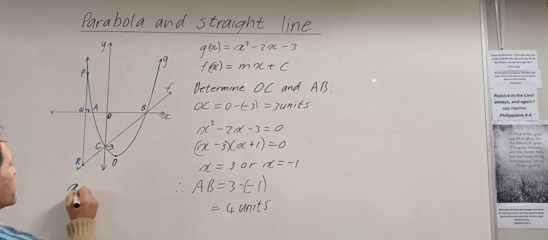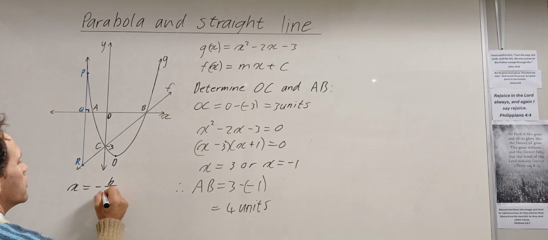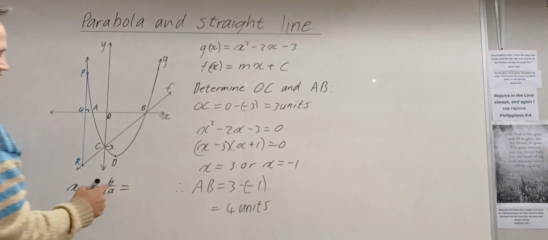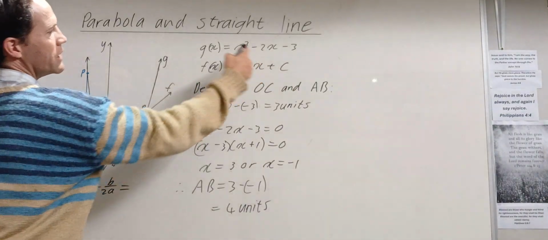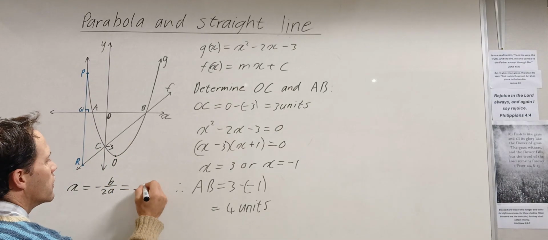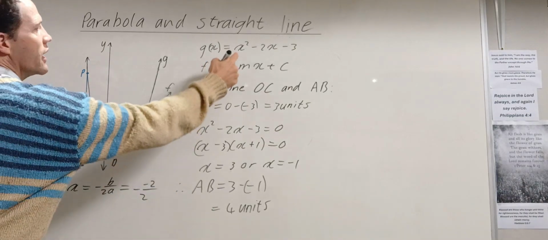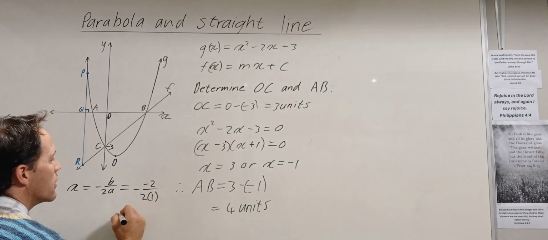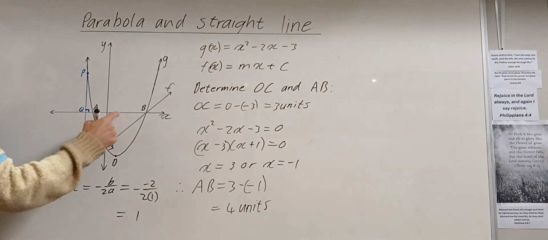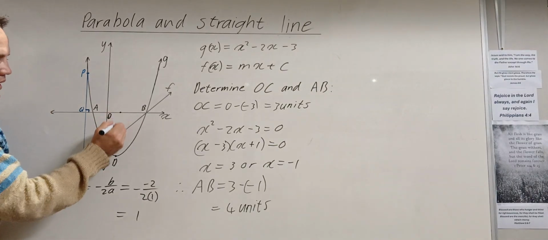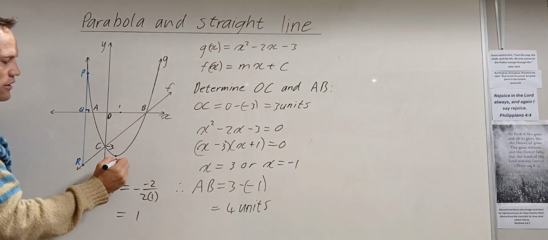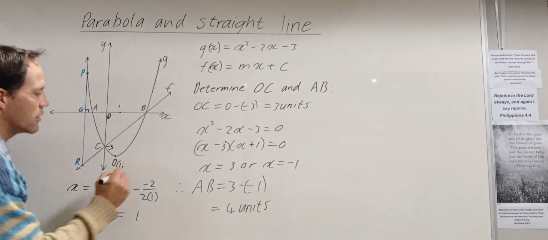You can use this method. Then you substitute. -b would be -2 over 2 times a, which is 1. And then that gives you 1. So then you know the turning point's x value will be 1.